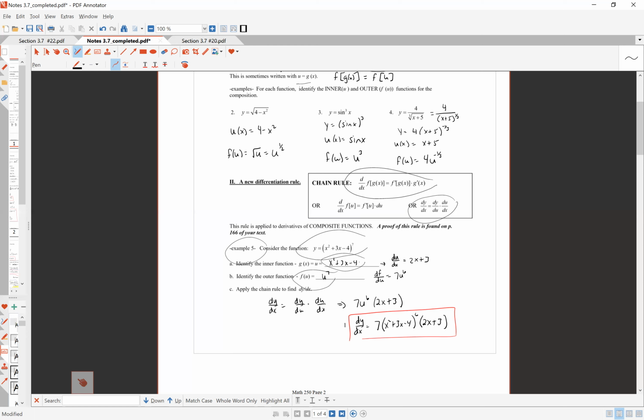And the derivative of the outer function, u to the 7th, the derivative of f with respect to u, is 7u to the 6th. Remember, u is equal to x squared plus 3x minus 4, so you just write that in here. It's written right down there. So this is df/du, in my terrible printing on the screen.